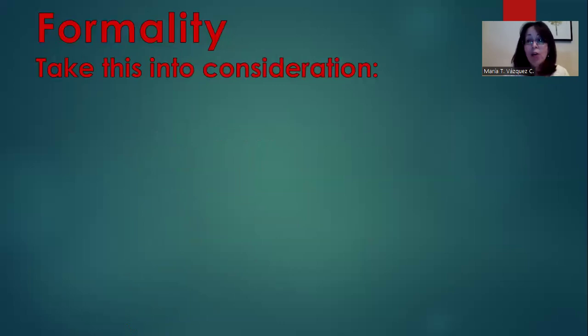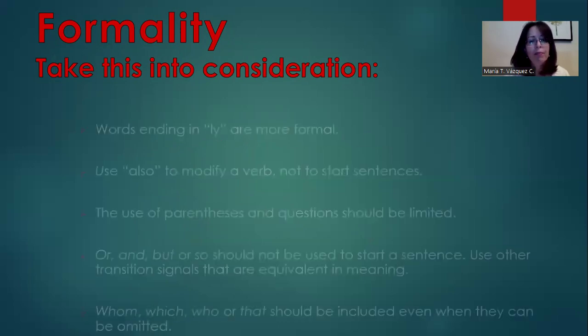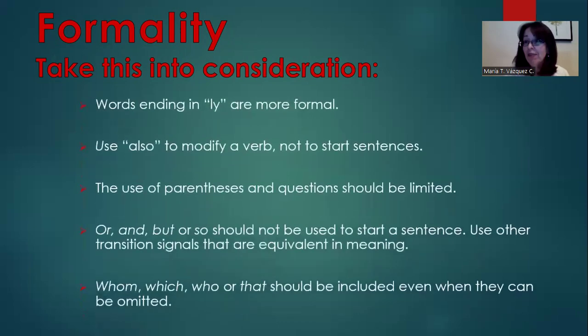Okay, there are other things that we have to take into consideration if we want our texts to be academic and formal. Here we have the tips. First, words ending in ly are more formal. So instead of writing first, write firstly or secondly.